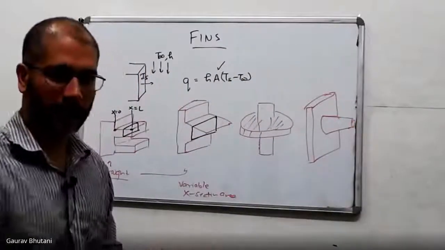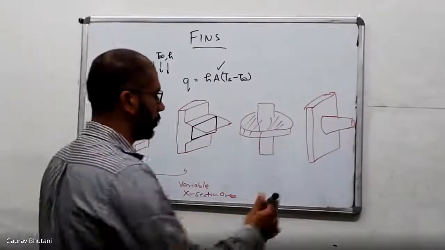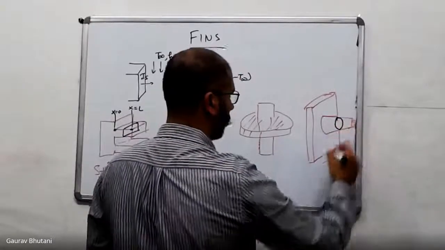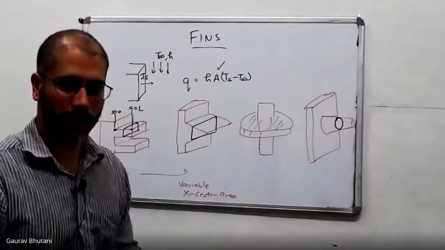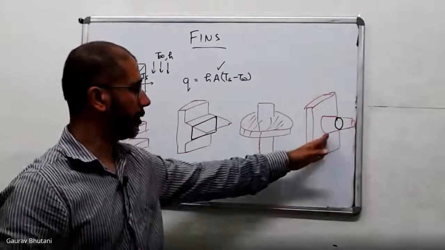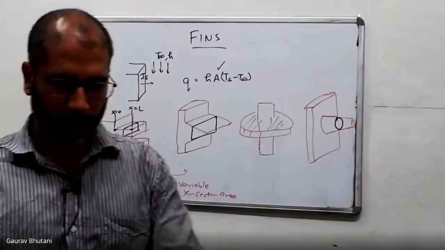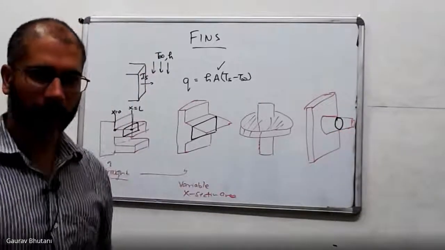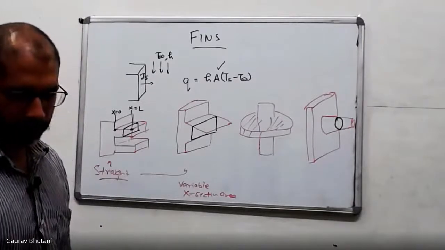The cross-section area in this case is a circle rather than a rectangle, and the cross-section area is also changing as you go from the base plate, that is x equal to 0, to x equal to L. So these are the typical fin geometries you have. You may see others as well, but these are the typical ones.